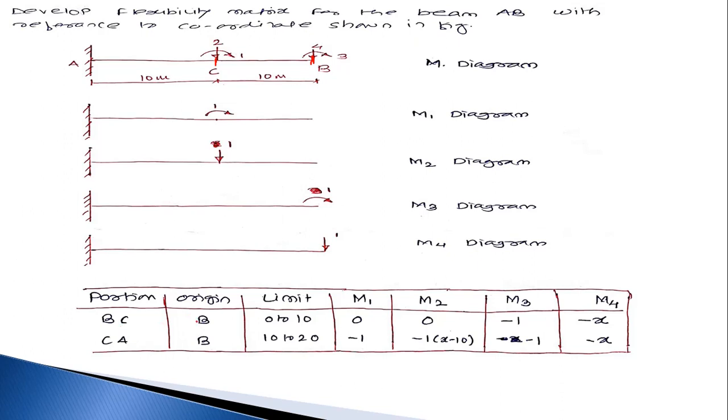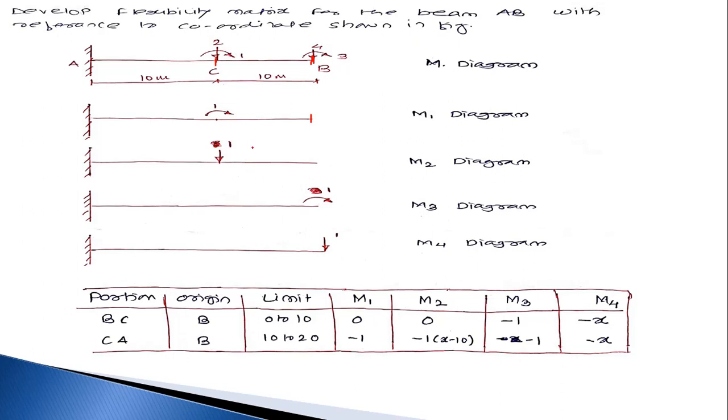For the BC portion, now we calculate the moments due to all four coordinates separately. First of all, I take moments about B. M1 is the moment due to coordinate 1. I am just considering the BC portion, and there is no load between B and C, so M1 becomes 0.